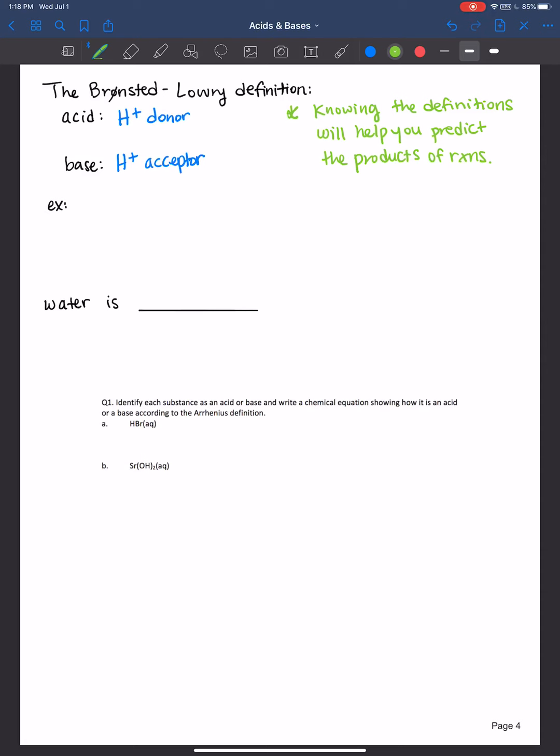Let's do an example together. We all know that hydrochloric acid is an acid, right? Just based on the name. And initially we're going to focus on mixing these with just water as the other reactant. And in a later video, we will eventually start to mix different acids and bases together.